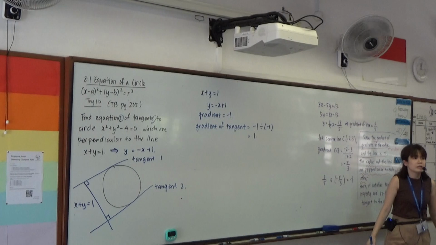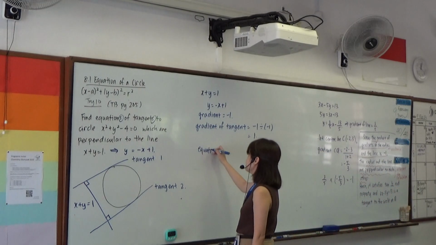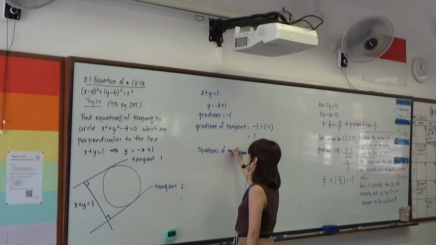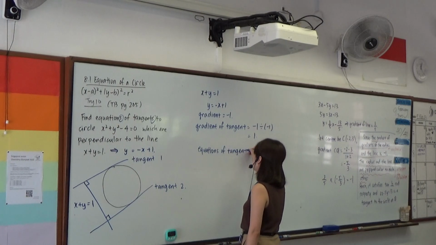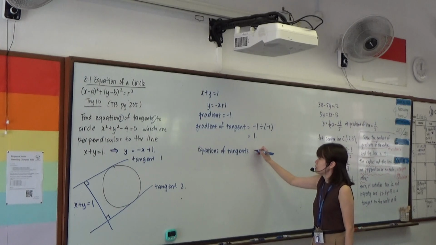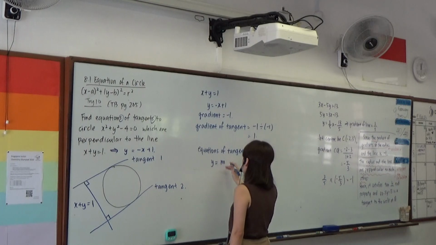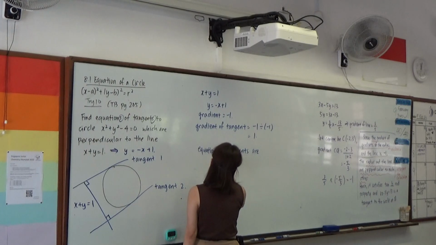So the equation of our tangent at this juncture, y equals mx plus c, gradient is 1, so y equals x plus c.